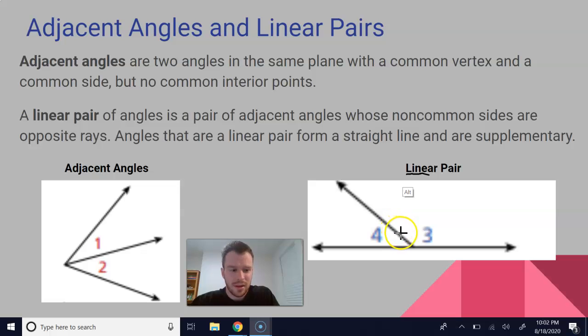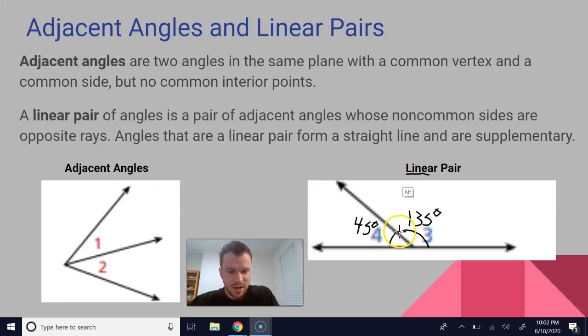Check this out. Angle 3 is obtuse. So I'm going to say it's about 135 degrees because obtuse angles are greater than 90 degrees. Now, angle 4 looks like an acute angle because it's less than 90 degrees. So I'm going to say angle 4 is about 45 degrees.